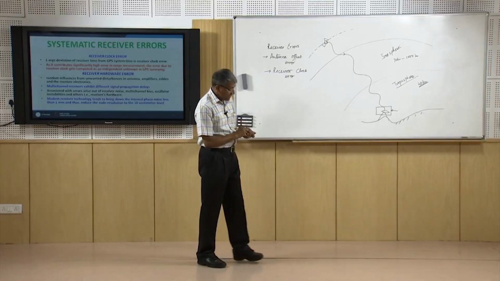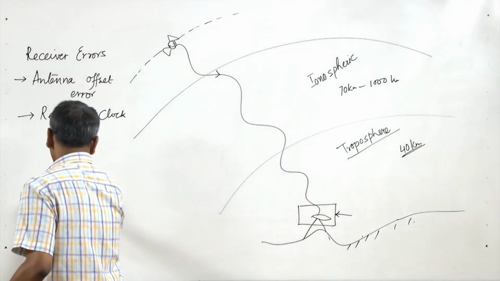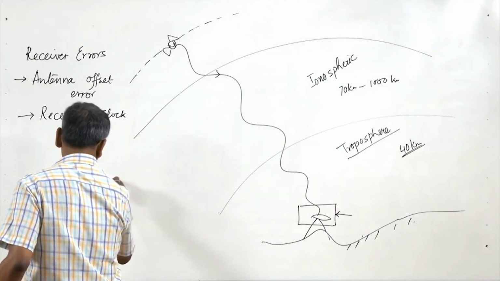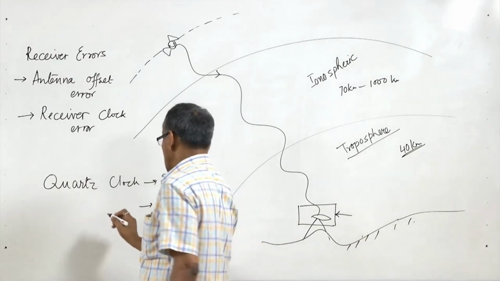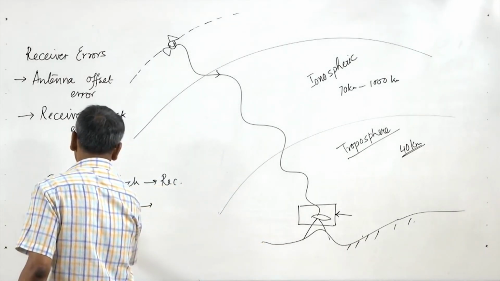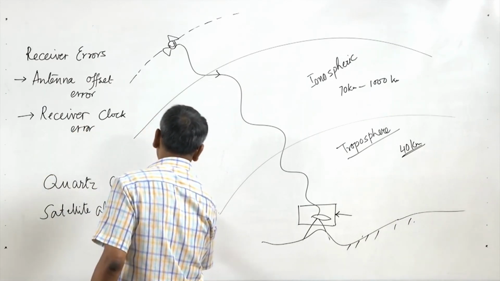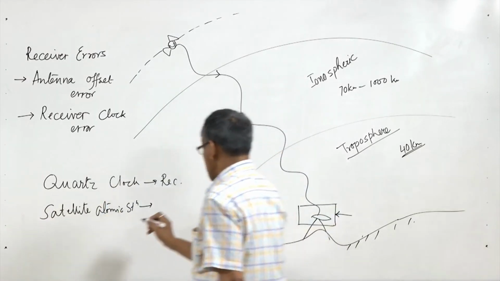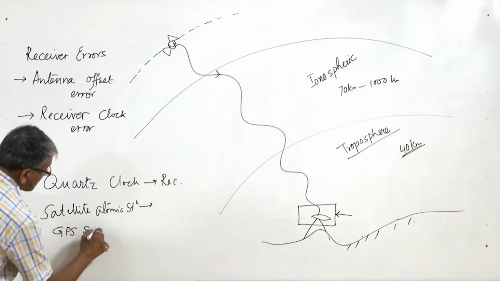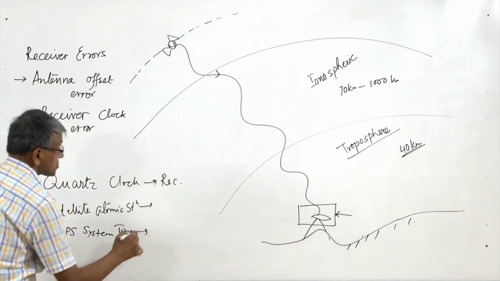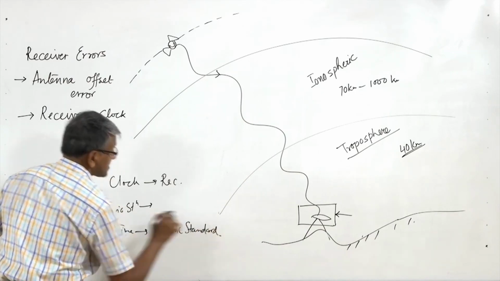As we know, the GPS receiver makes use of a quartz clock, whereas the satellite uses an atomic standard, and the GPS system time is also based on an atomic standard.